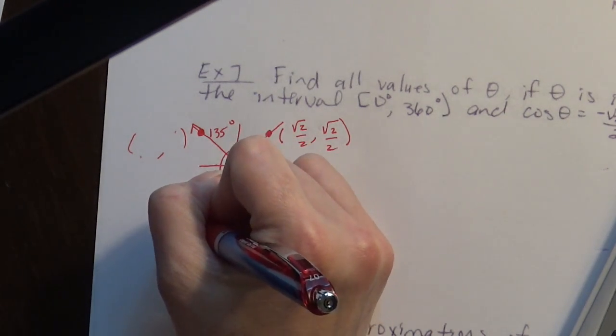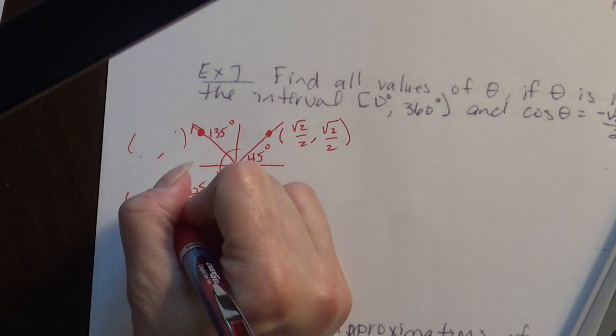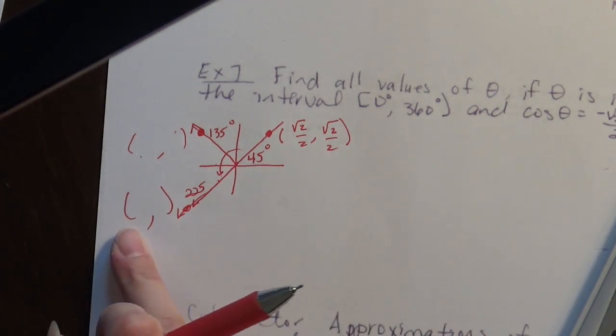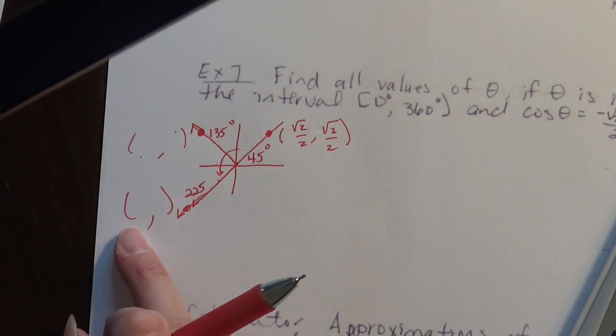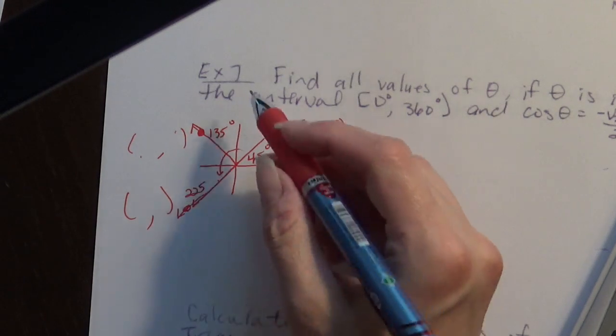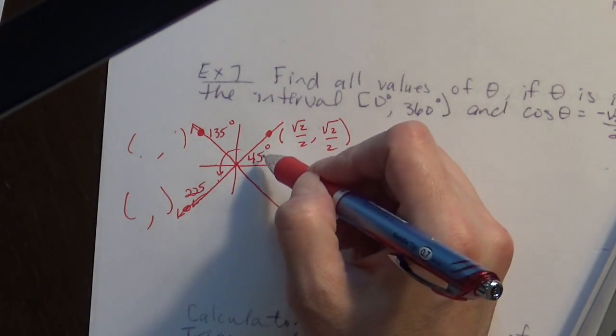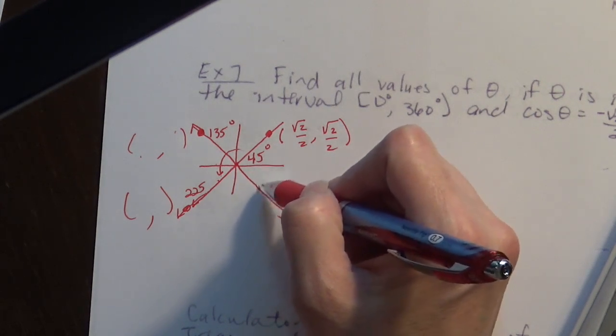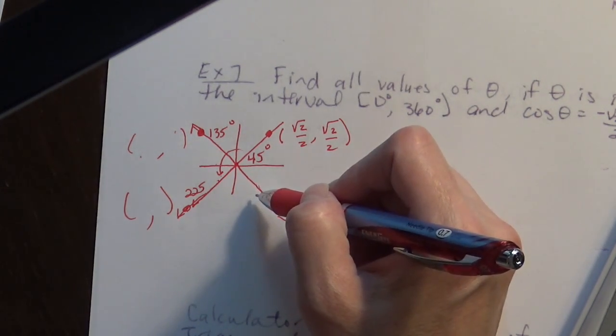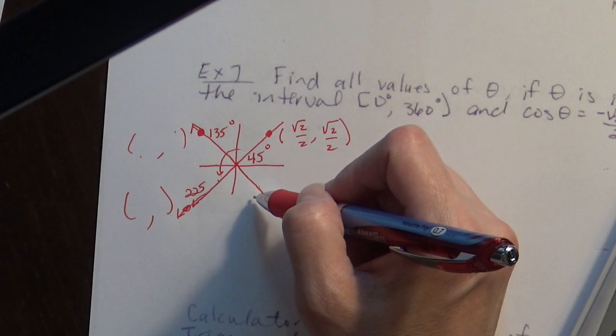And this one also has the same sine and cosine, except we don't know if they're positive or negative. And then going back around, there's another reference angle over here, again 45 degrees away from the x-axis. And this one is 315 degrees.